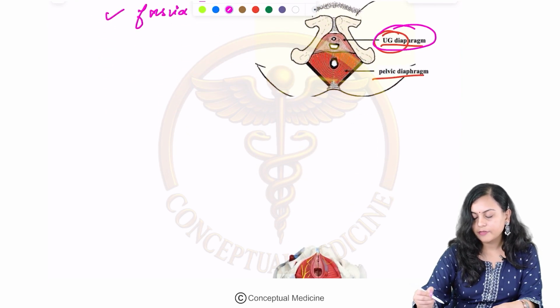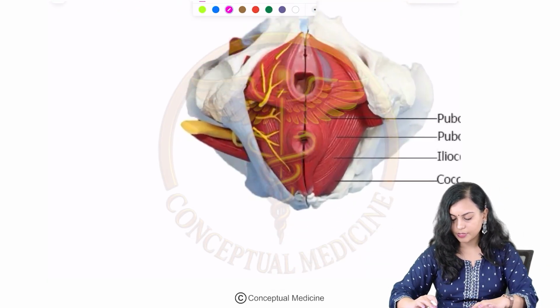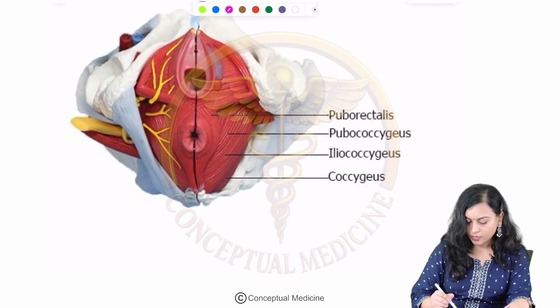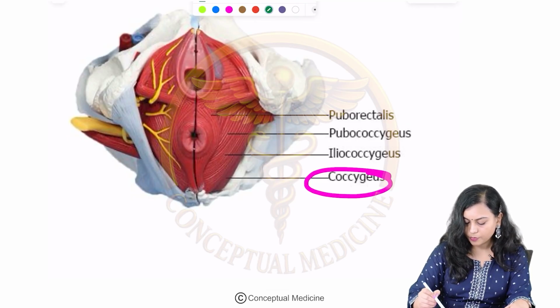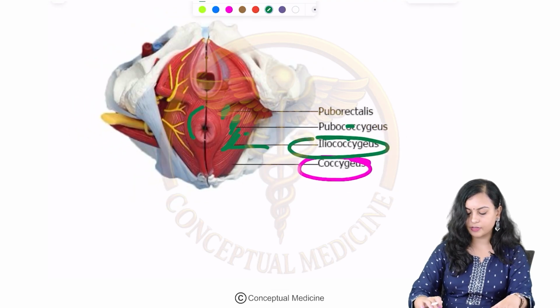And urogenital diaphragm helps in maintaining the urinary continence. Okay, so this is another picture to show you the pelvic diaphragm. So this is the coccygeus muscle basically over here, and then you have the puborectalis over here. Okay, this is pubococcygeus muscle and this is the iliococcygeus muscle. Okay, so it comes like this.